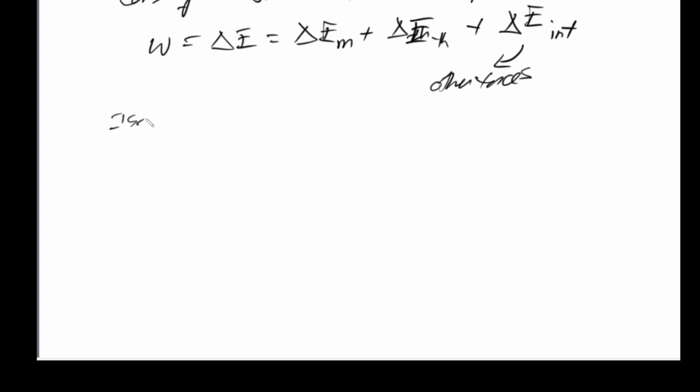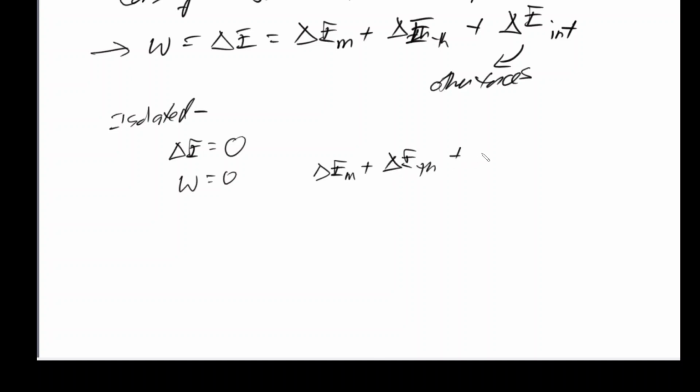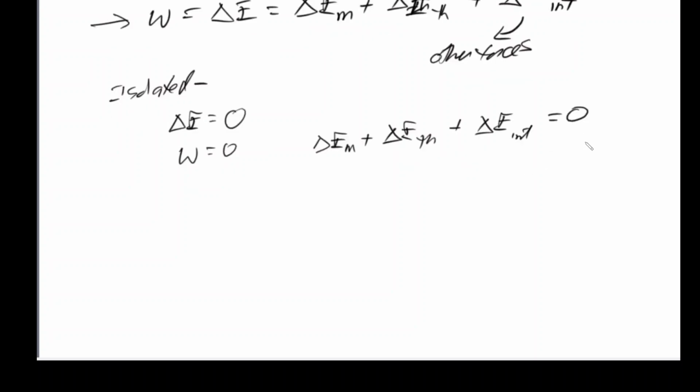If we have an isolated system, which means no energy can be transferred to or from the system, then the energy stays constant and the change in energy is zero. Therefore, our work is zero. And from this equation, we find that the change in mechanical energy plus the change in thermal energy plus the change in internal energy is equal to zero.